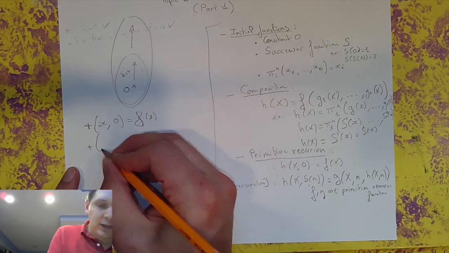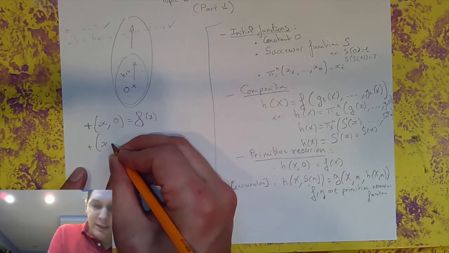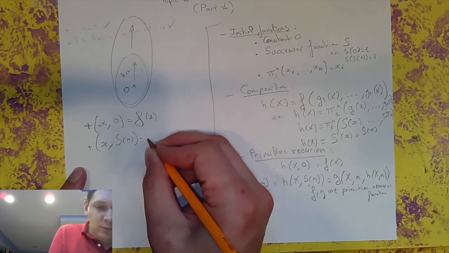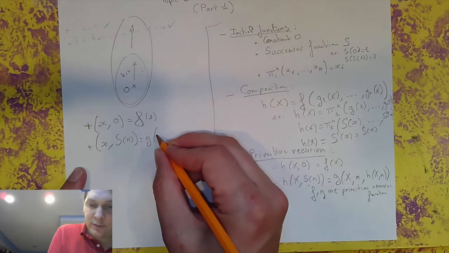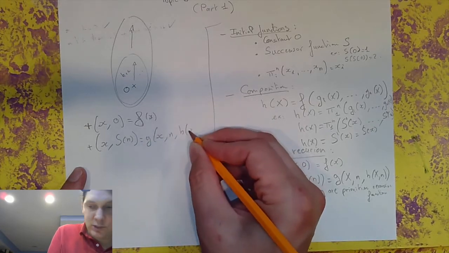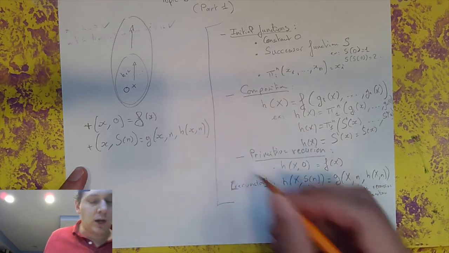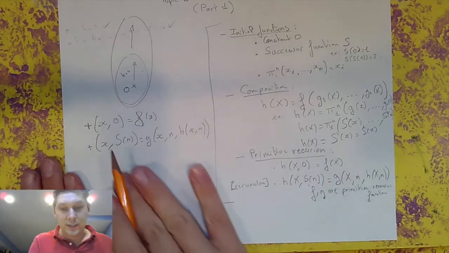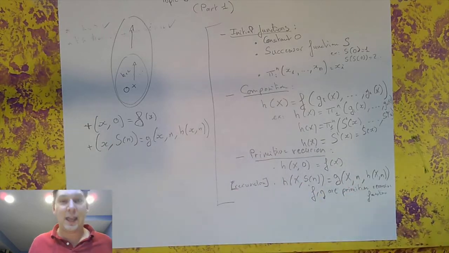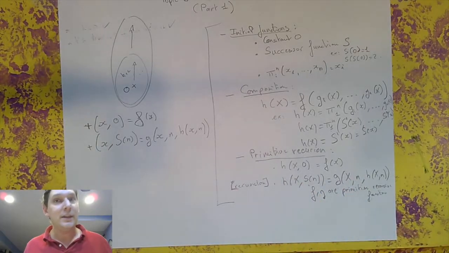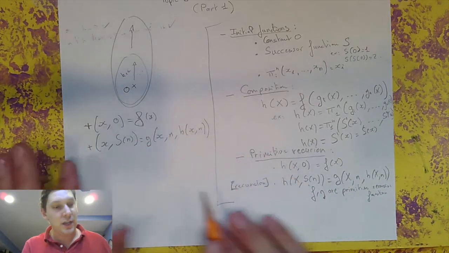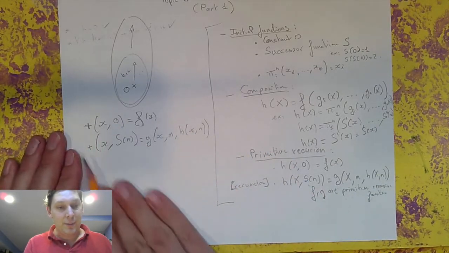And I'm going to have to define plus x Sn equals g x n h x n. Note that here I only copied the definition. I didn't say yet anything in terms of semantics of addition. I didn't define yet addition. I'm just saying I'm going to use the definition.